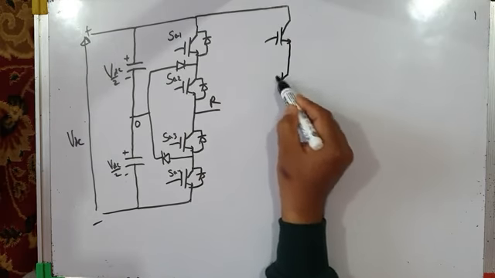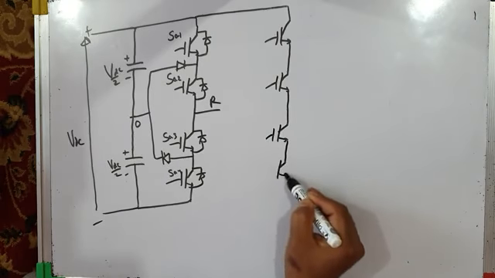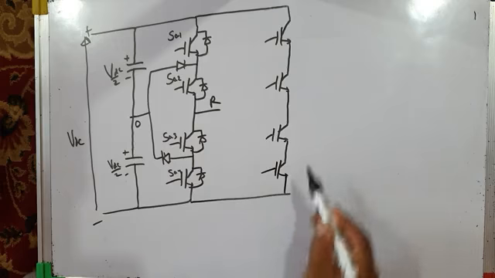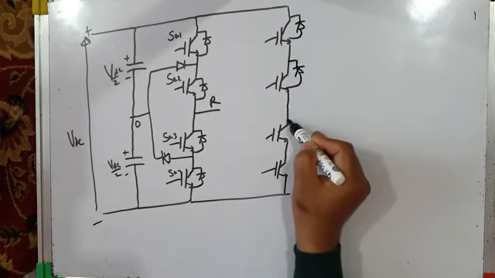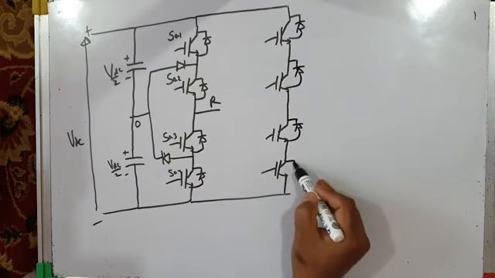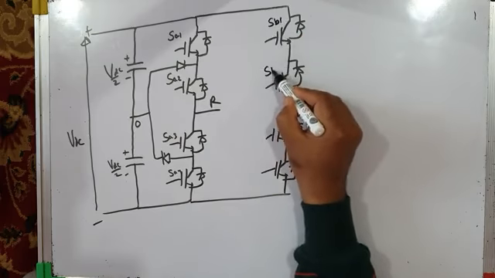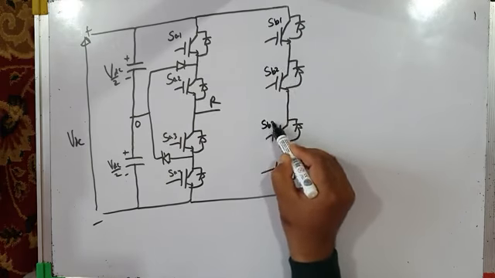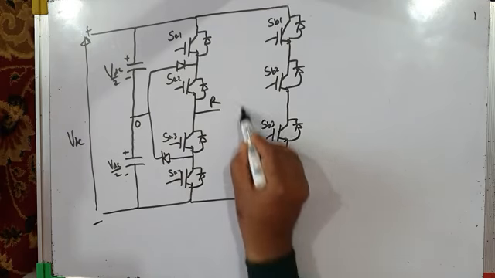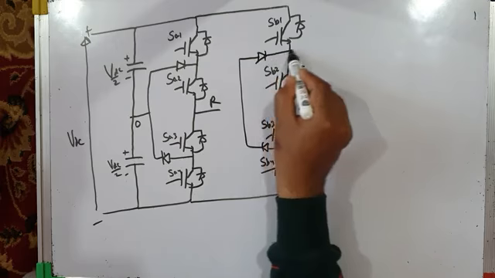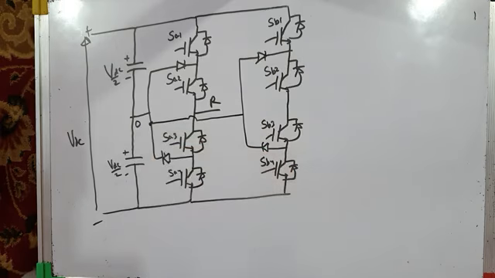Let me complete the connections first. This is SB1, SB2, switch SB3 and switch SB4, and these are the clamping diodes. You can name these clamping diodes also. It's connected to this point.